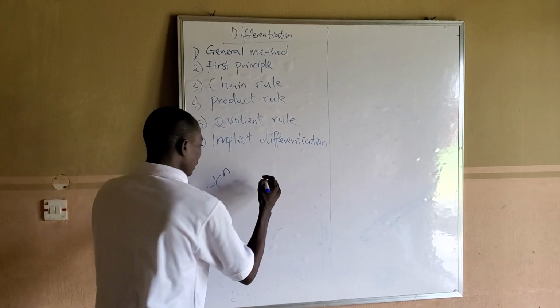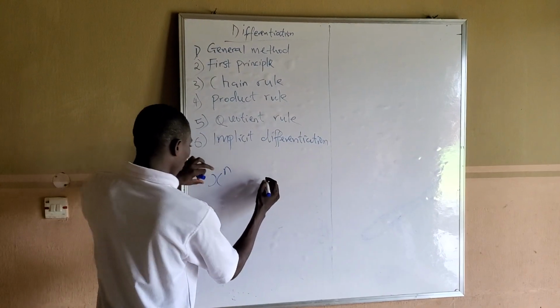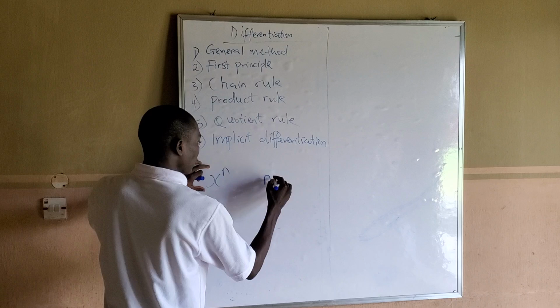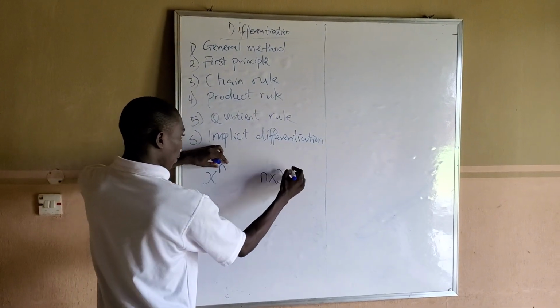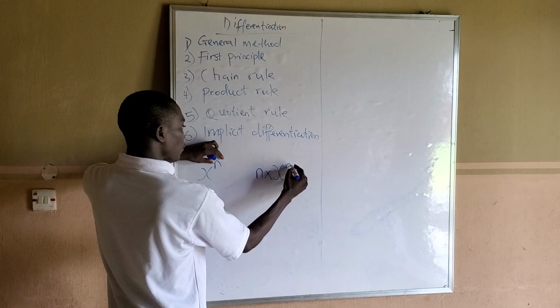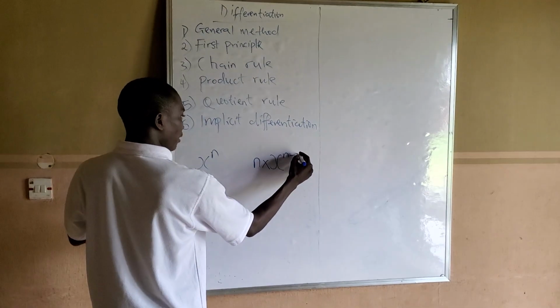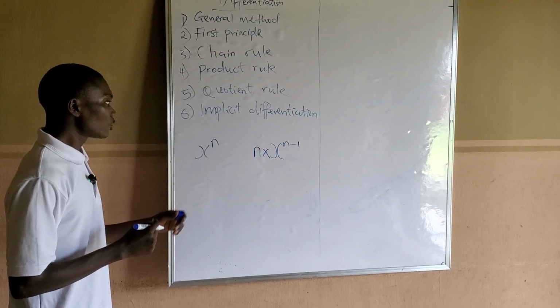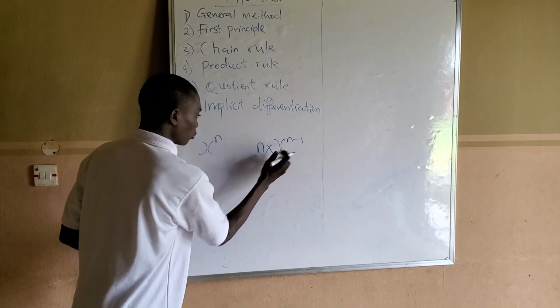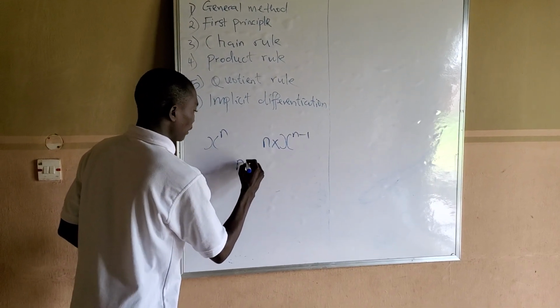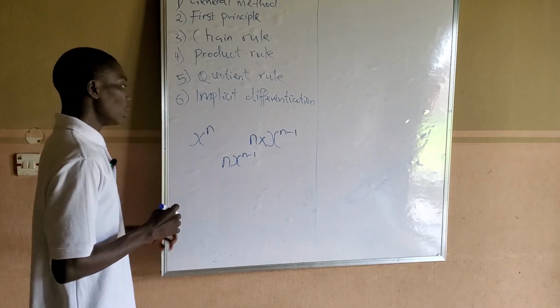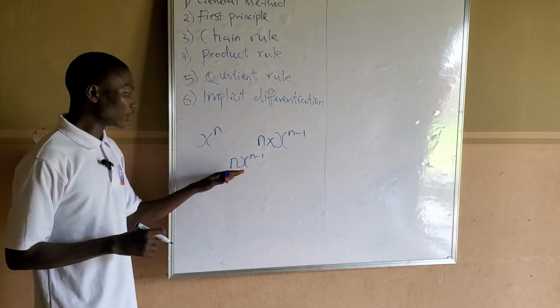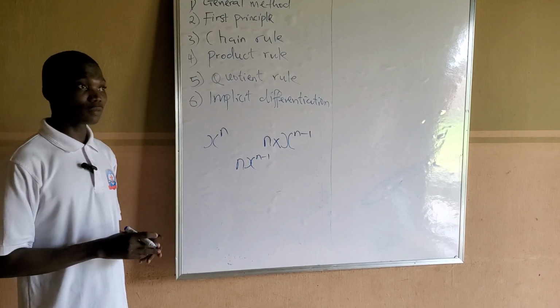That is, using this n to multiply this, it will be n times x, then subtract 1 from this power. The power is n, subtract 1 will give us n minus 1. So this is what it gives us: n x raised to the power of n minus 1. So this is the formula used for the general method.